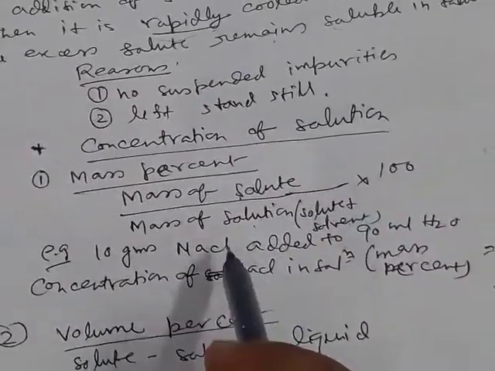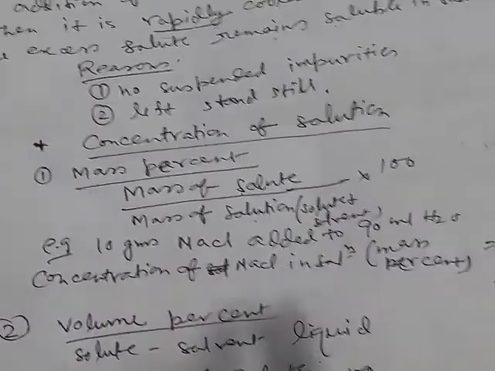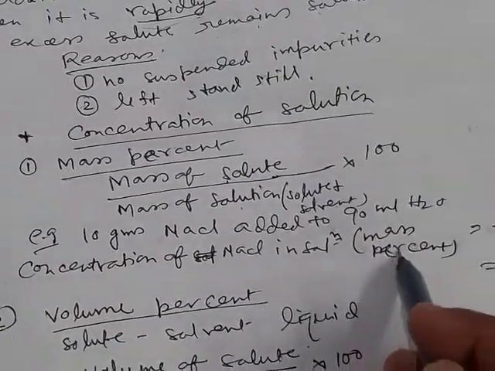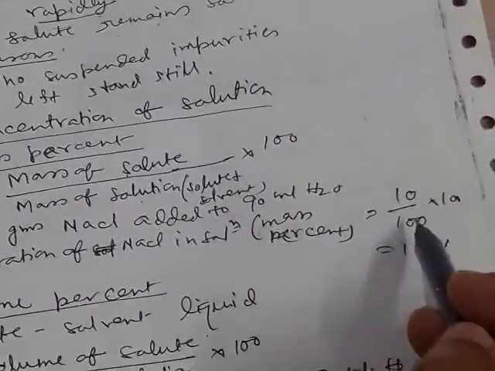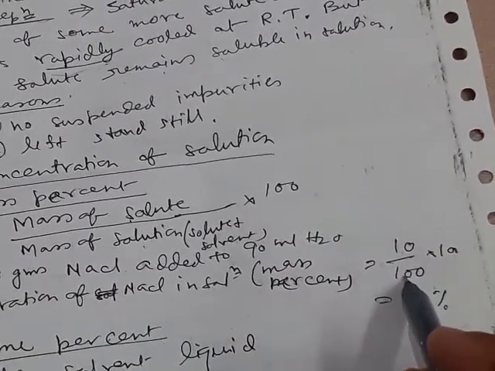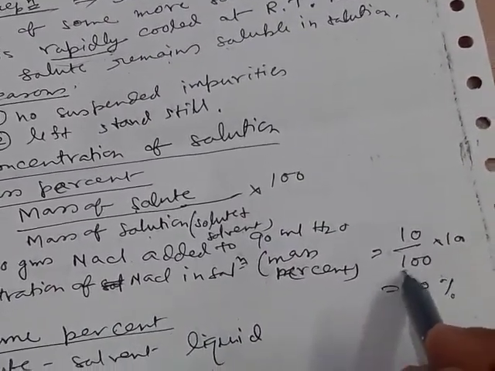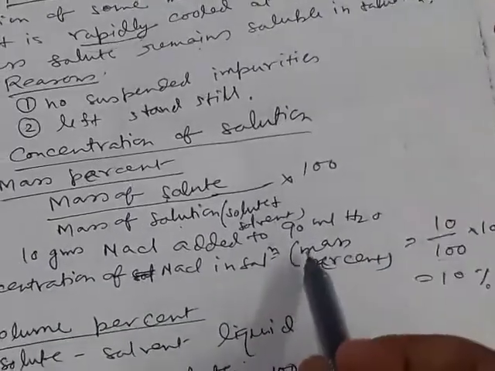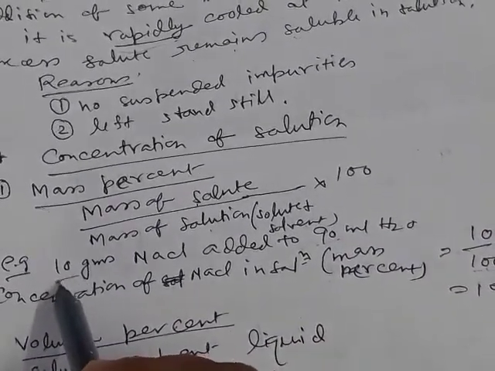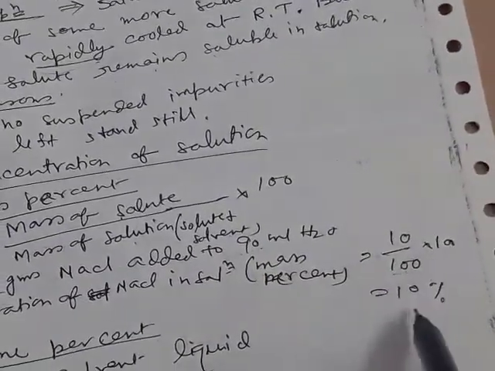Say 10 grams NaCl is dissolved in 90 ml water. So the concentration of NaCl in mass percent equals the amount of solute, 10 gram, divided by the amount of solution, solvent plus solute. Here the solvent is 90 ml water, the solute is 10 gram NaCl. So 10 plus 90, that is 100, into 100, that is 10%.